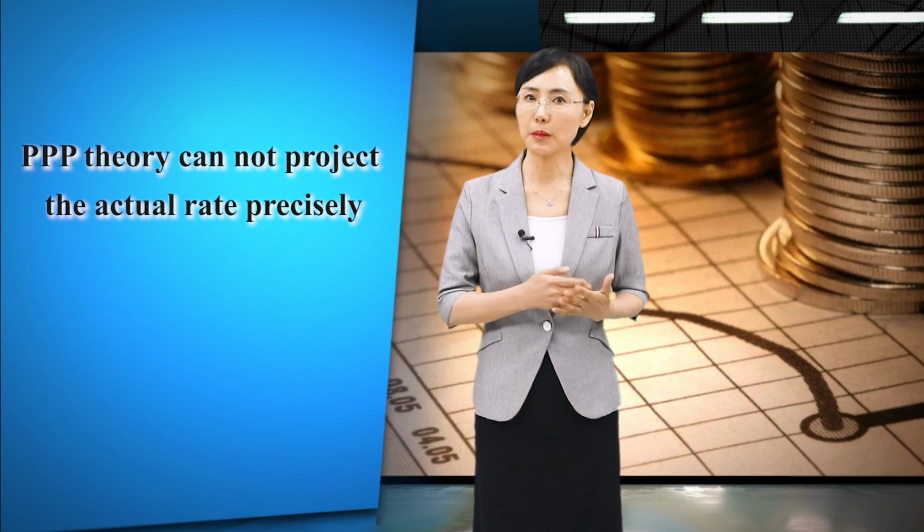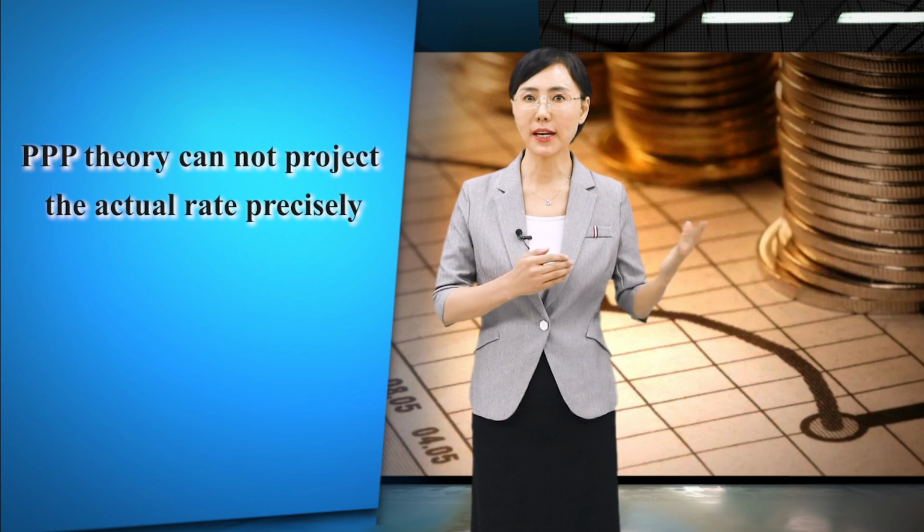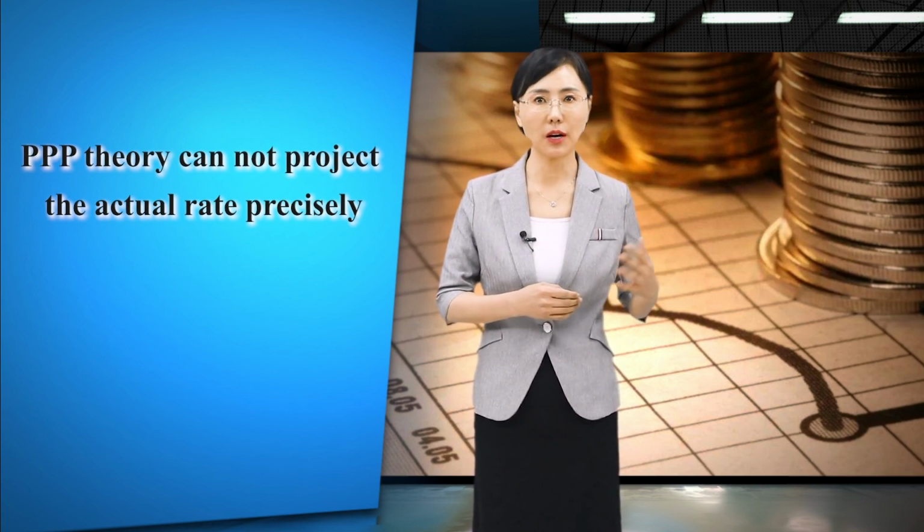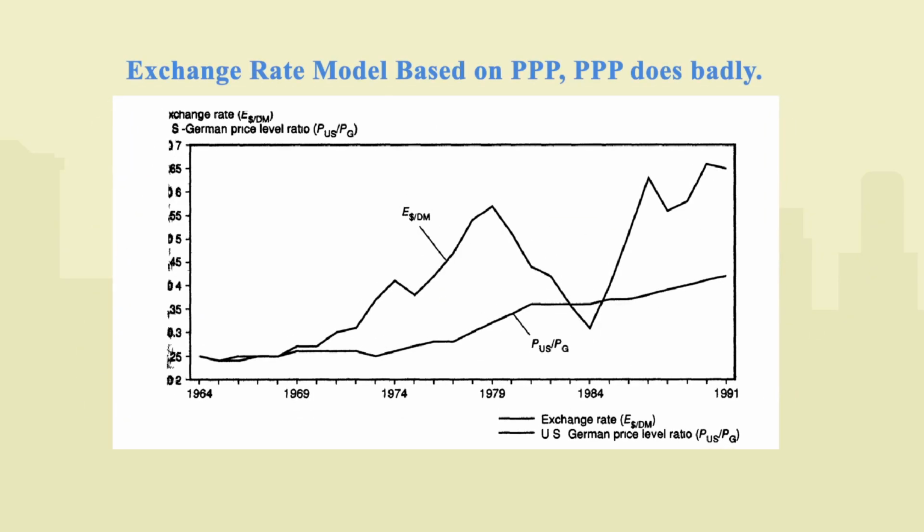When we use PPP theory to project the exchange rate, it can be far away from the actual rate, as shown in this picture. The mild upward line shows the ratio of price levels between the US and Germany, which is the PPP rate.